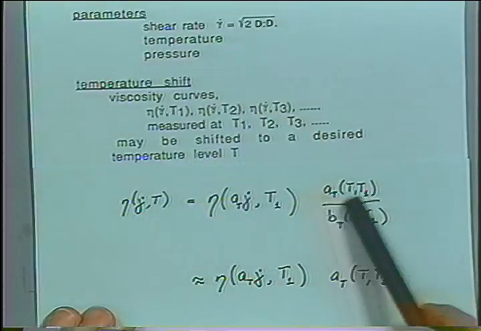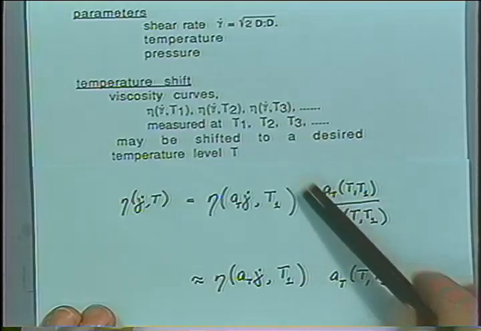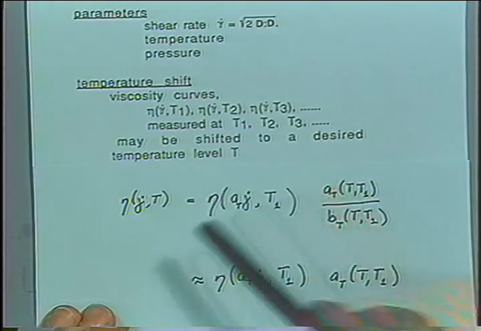So we can use the viscosity function at the measured temperature T1, and then we multiply it with some shifting. This gives us the amount of shifting under 45 degrees, and then we get the new viscosity curve at the desired temperature level.